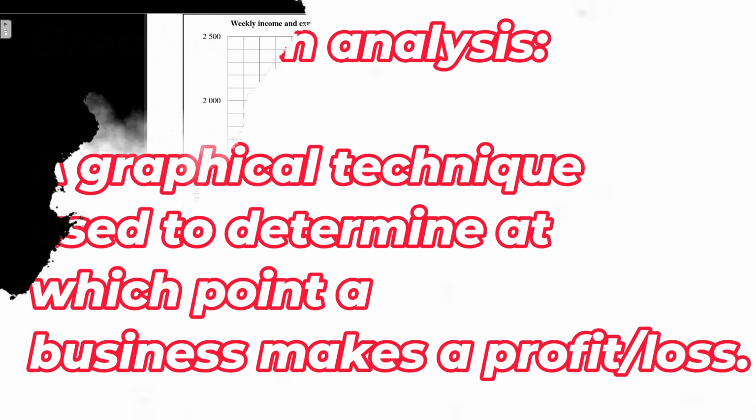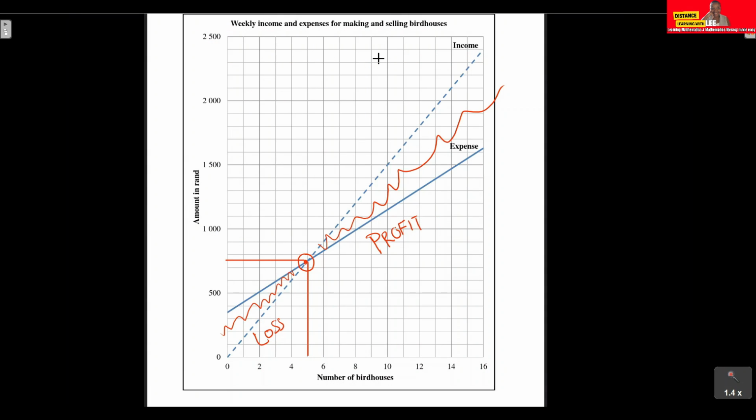So we are using this graph to determine where the business makes a profit. How many items must I sell to make a profit? And how many items should I sell to not make a profit?